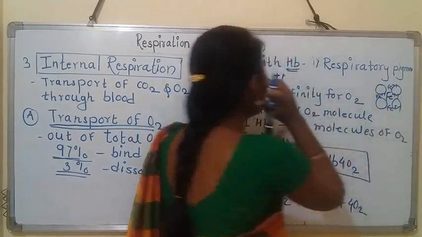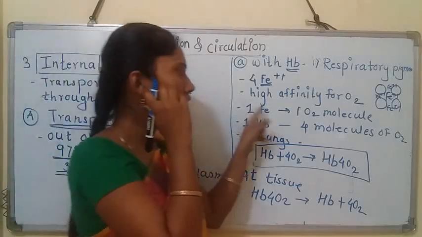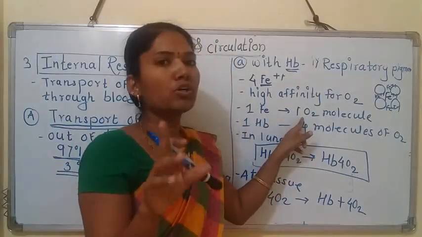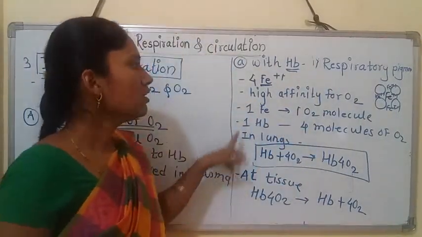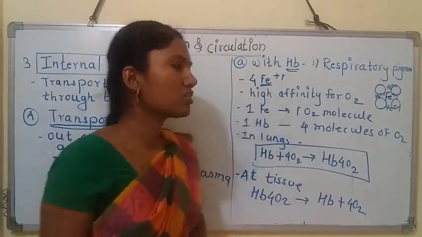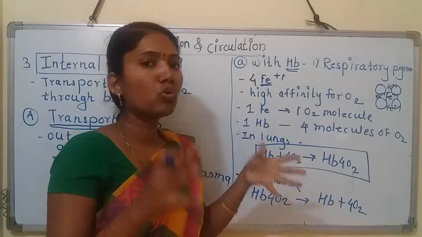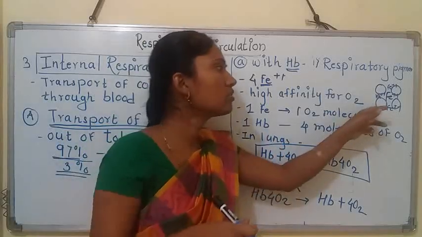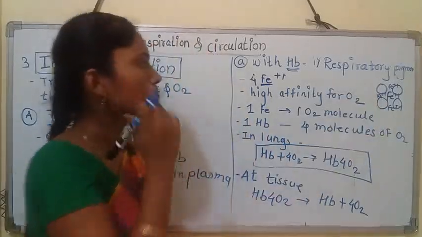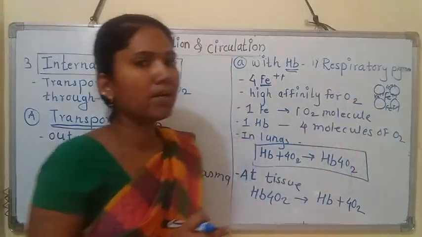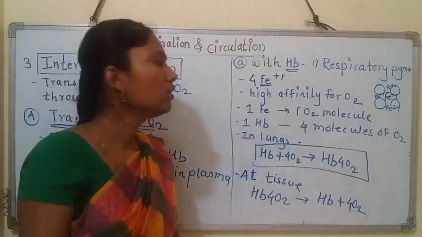Now see, one molecule of Fe++ can bind one molecule of oxygen. There are 4 Fe++, which means 4 oxygen molecules can bind to this hemoglobin, and by binding with hemoglobin they can be transported from the alveoli to the tissue.